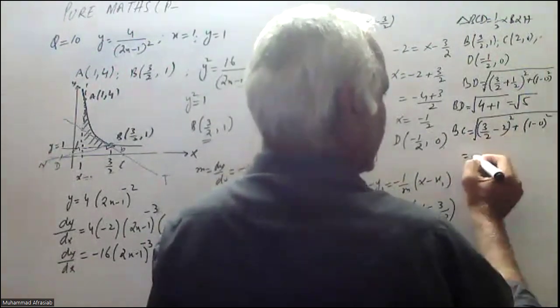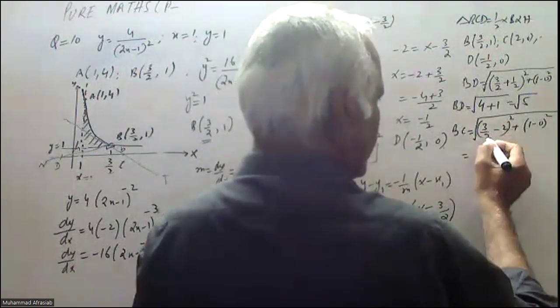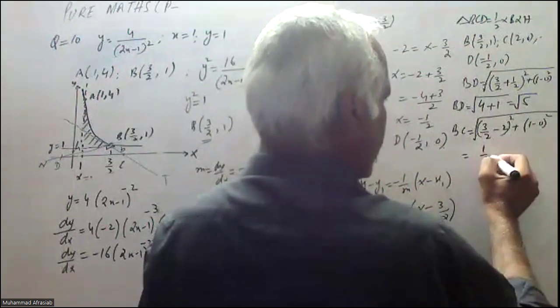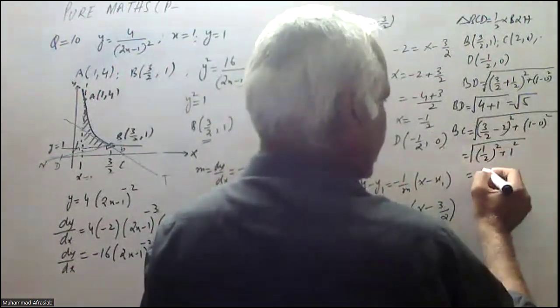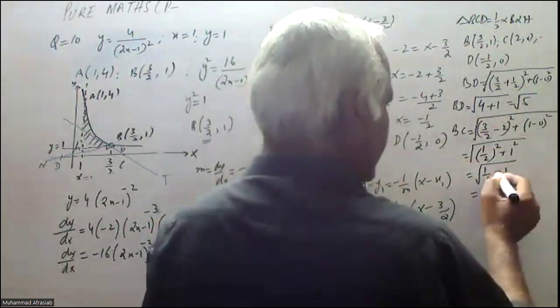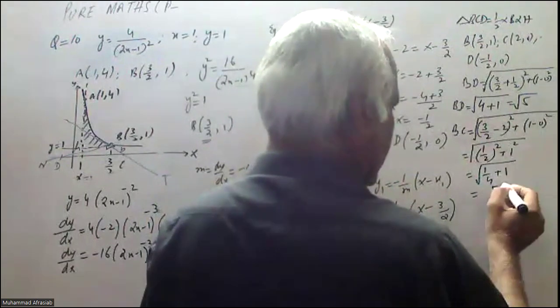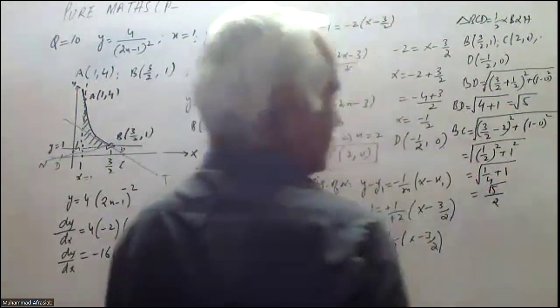So this thing is equal to 3 by 2 minus 2, 3 minus 4 over 2, 1 over 2 square plus 1 square, or that thing is equal to 1 over 4 plus 1. That thing is equal to 4 plus 1, root 5 over 4, and that square root is root 5 over 2.